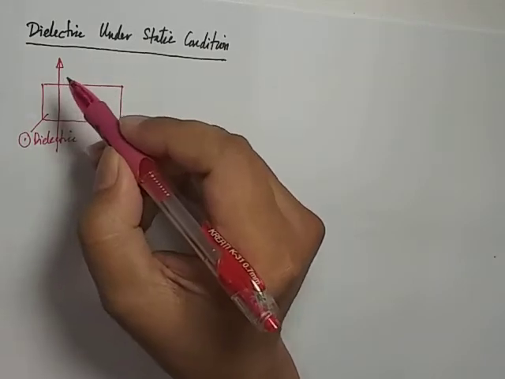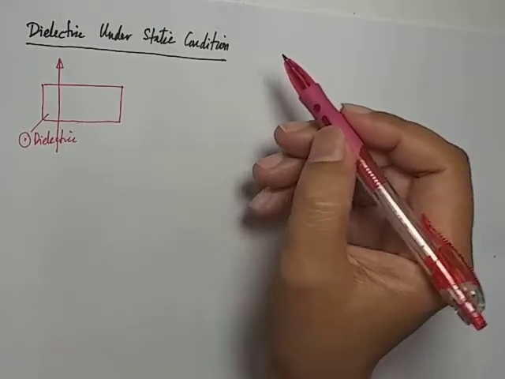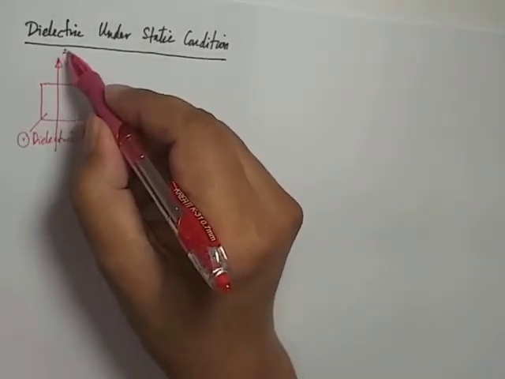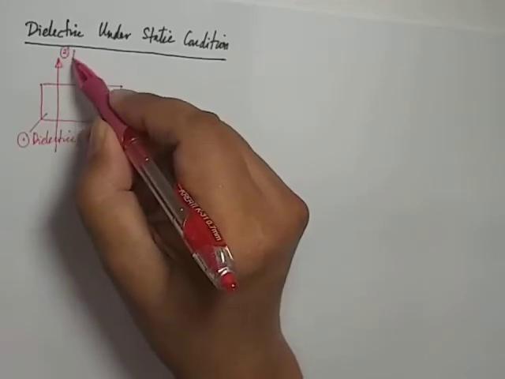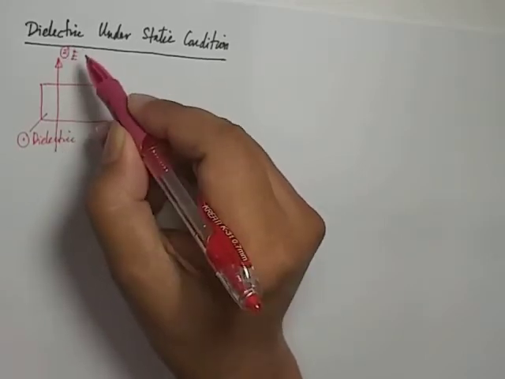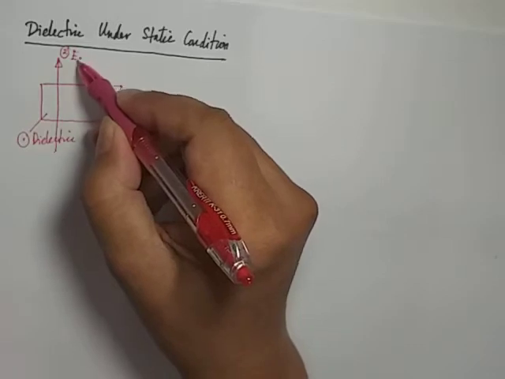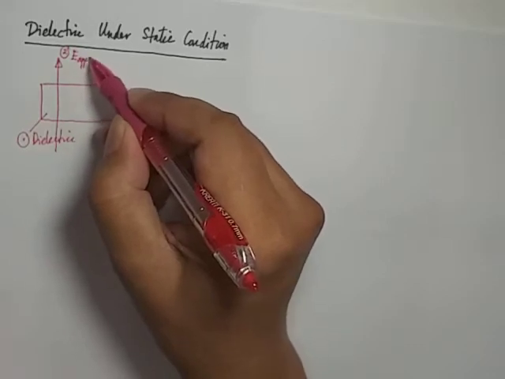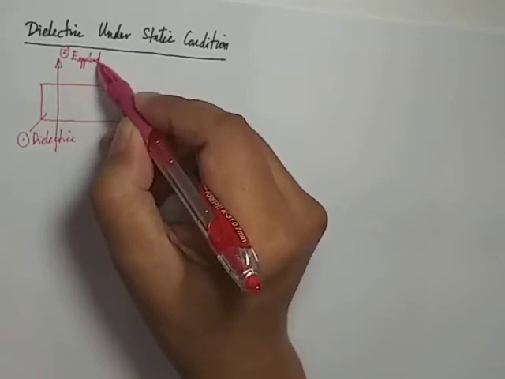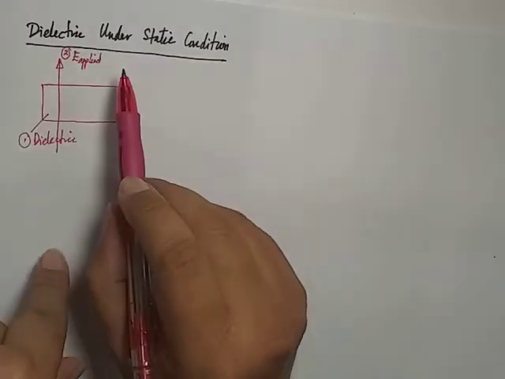Since we are still in the world of electrostatic, we're going to let the field of interest here be electric field. So we're going to call it the applied electric field. That should be the second important parameter.